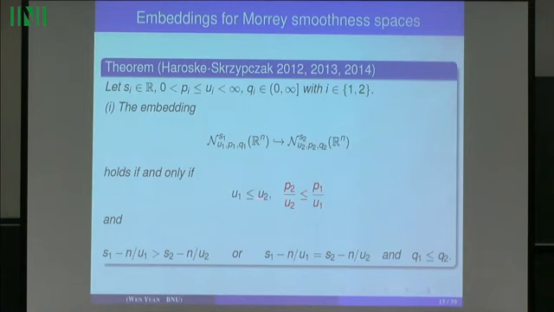But we have an additional condition p2 over u2 less than p1 over u1. And for the smoothness parameter, we have a similar condition, just also replacing the parameter p by the parameter u. And this is also an if and only if condition.